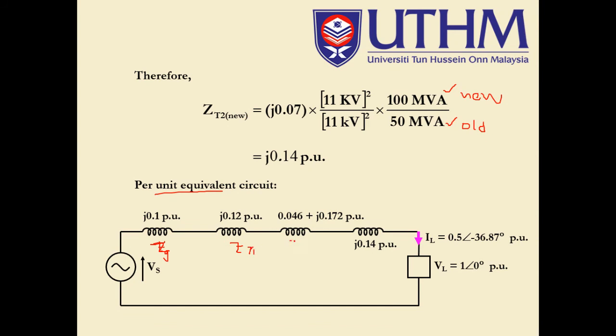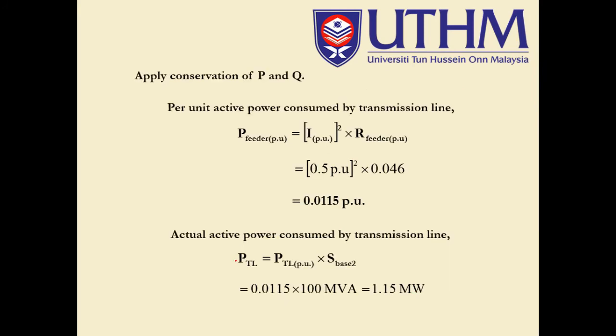This is the impedance for the transmission line. This is Z for transmission line number 2. And also the load current and the load voltage, all in PU, right?